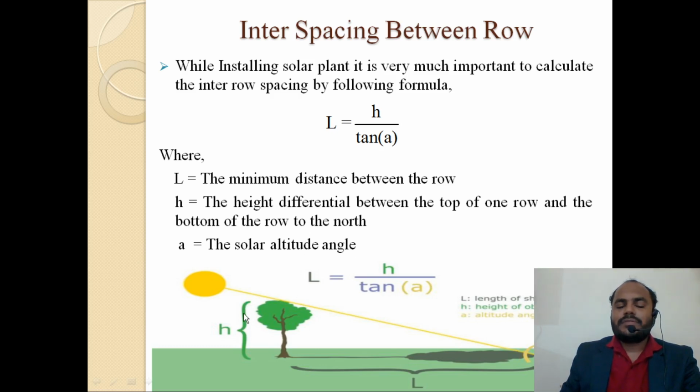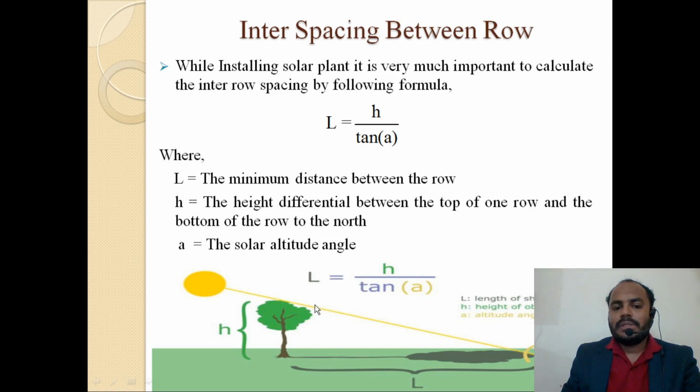Basically, we will learn this formula by this simple diagram. A tree is on a horizontal ground. The tree has a length h, that is nothing but the height of the tree. Whenever the sun, at altitude angle A, throws radiation over this tree, the tree gets a shadow, and this shadow lies on the horizontal ground.